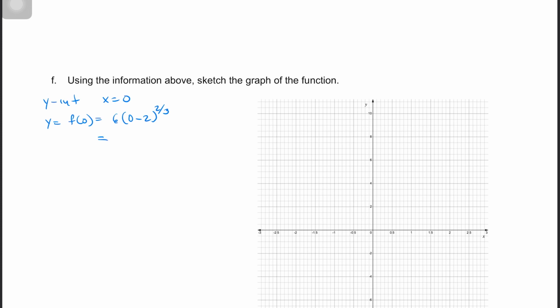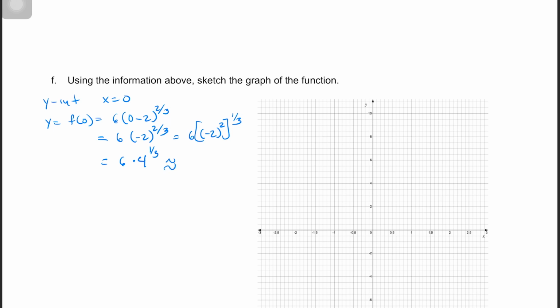This is going to give us 6 times negative 2 to the 2nd power, sorry, which is the same thing as 6 times (negative 2 to the 2nd power) raised to the 1/3 power. So this is equivalent to 6 times 4 raised to the 1/3.